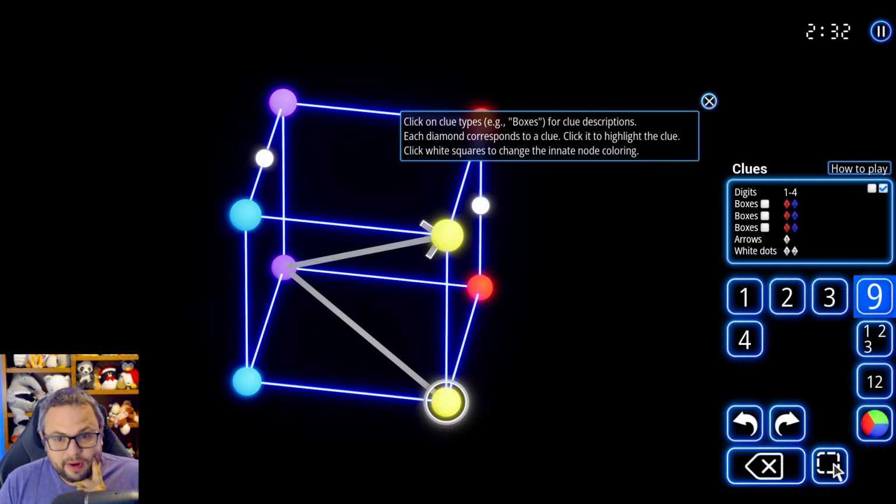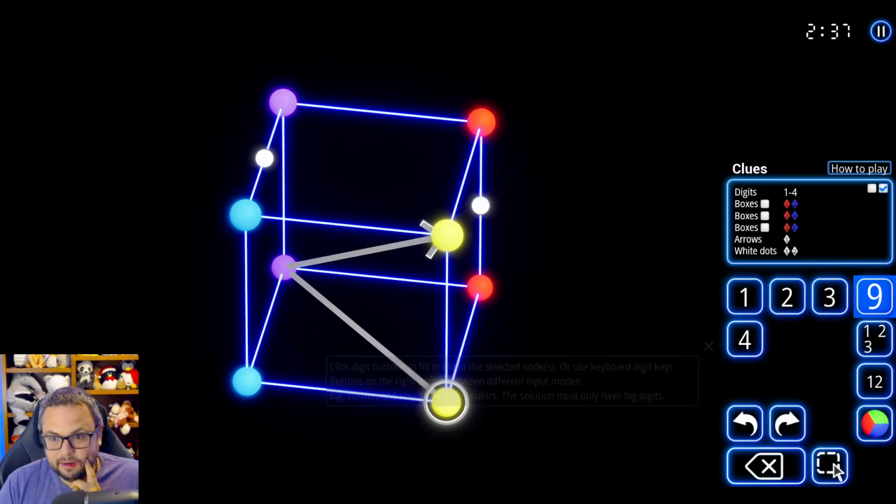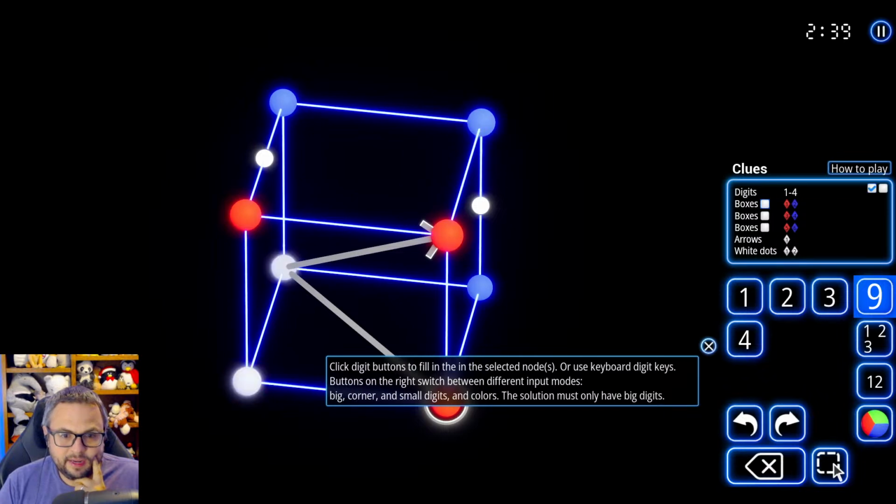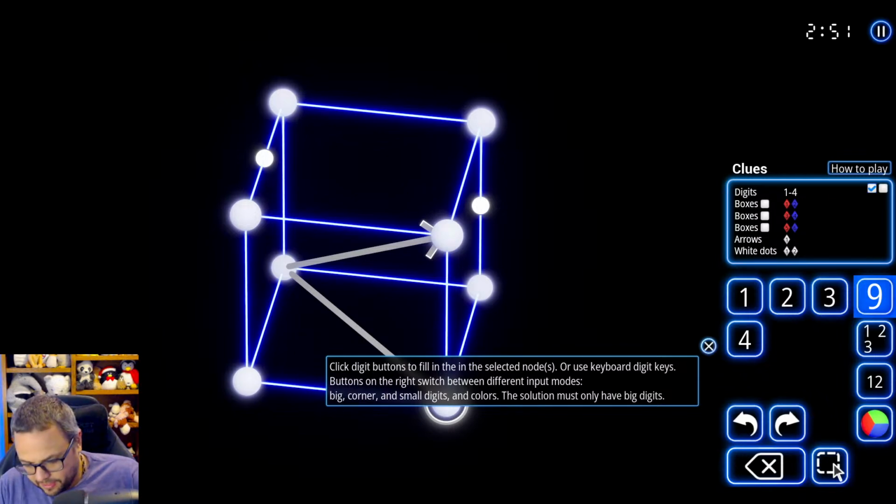Click white squares to change the innate node coloring. Okay, so click digit buttons to fill the selected nodes, or use keyboard digit keys. Hopefully my number pad will work.